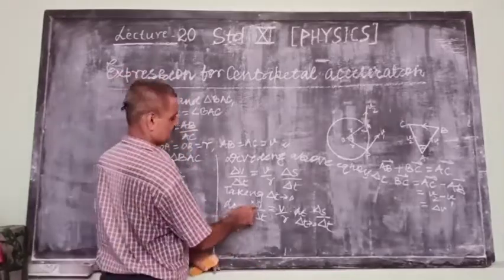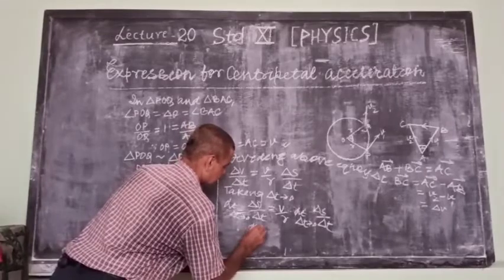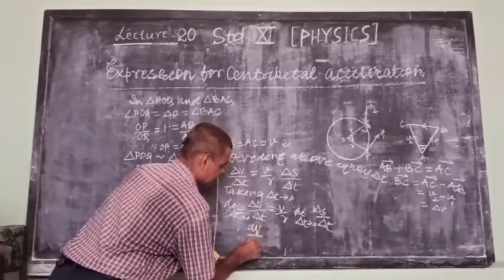So this delta v by delta t can be written as dv by dt.